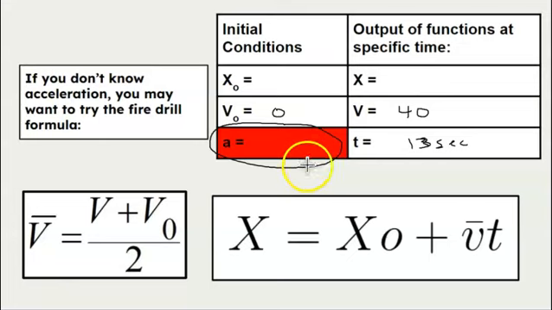But if you truly don't care and this is empty, then if you can put an arrow in your notes next to this box, it's a combination of the fire drill formula, and this is our don't know, don't care about acceleration to find the location. Okay, so if this box is empty, fire drill formula.